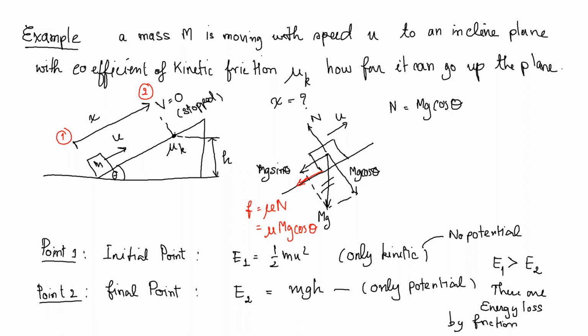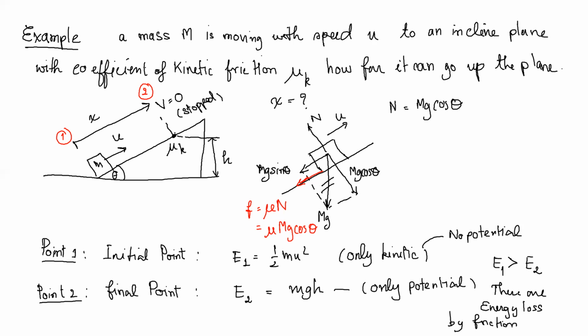Well, if the inclined plane doesn't have friction, you can just say that the kinetic energy of the mass at the beginning will change into potential energy. At the initial point you have E1 equal to 1/2 m u squared, only kinetic, and at the final point it is only mgh, only potential energy.